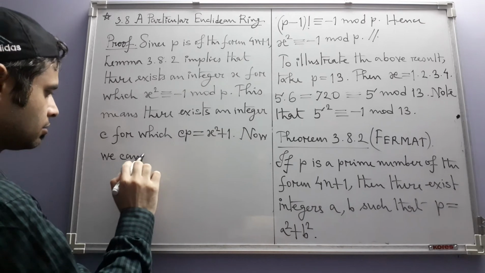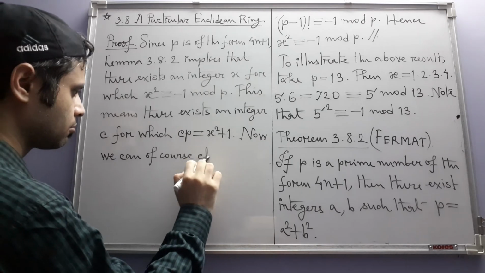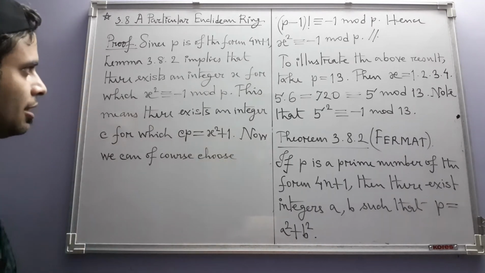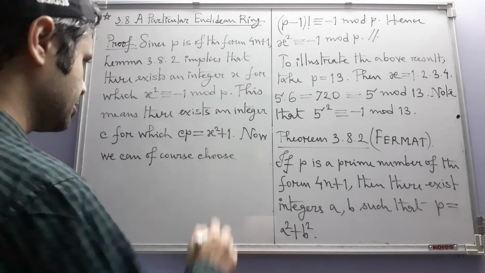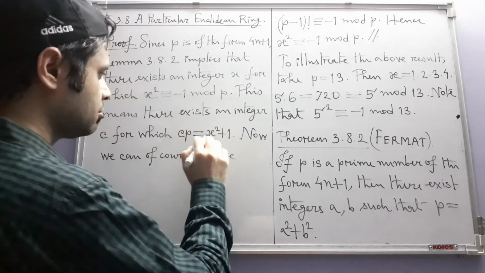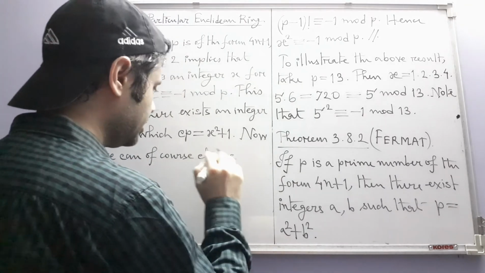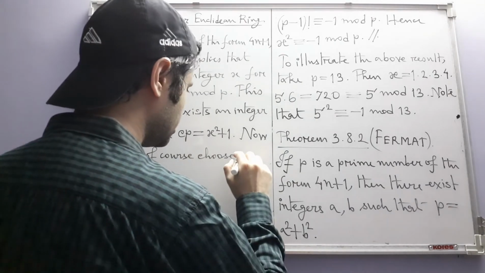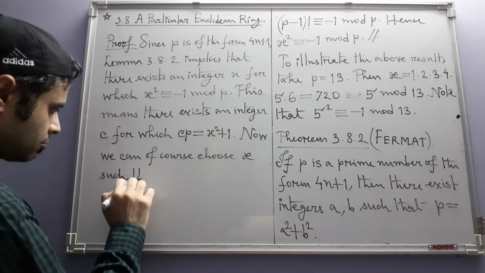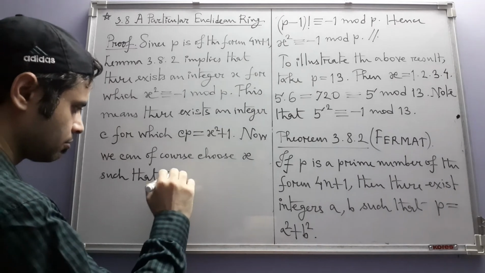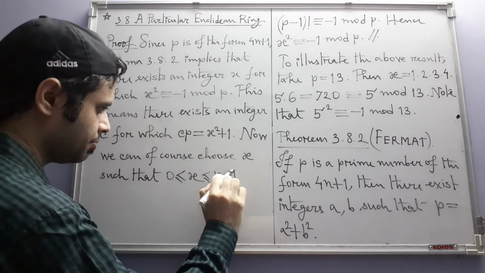Now we want to choose this x wisely so that we can get something. We can of course choose x such that x lies between 0 and p minus 1.